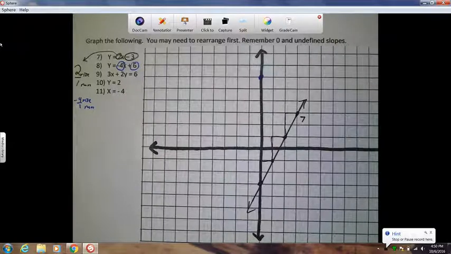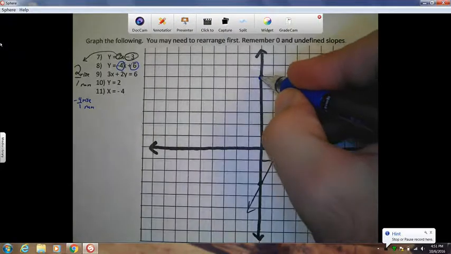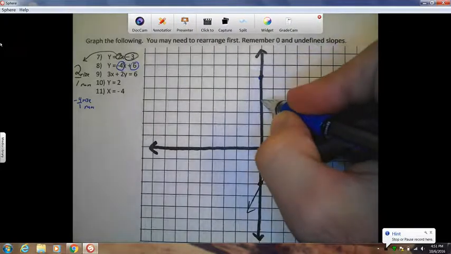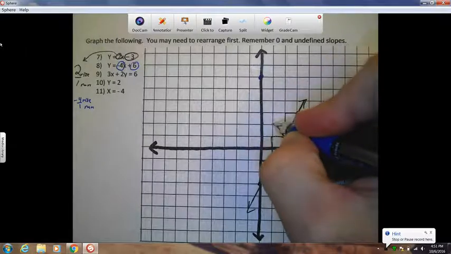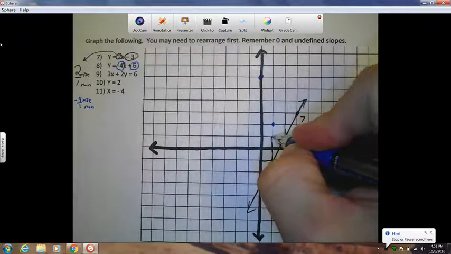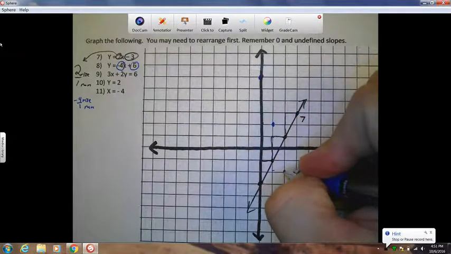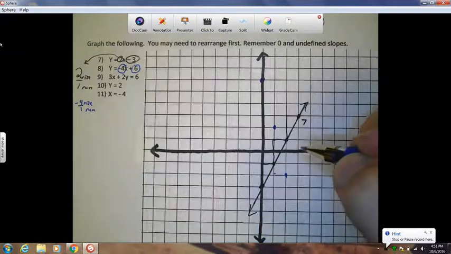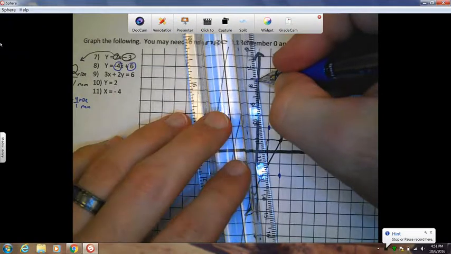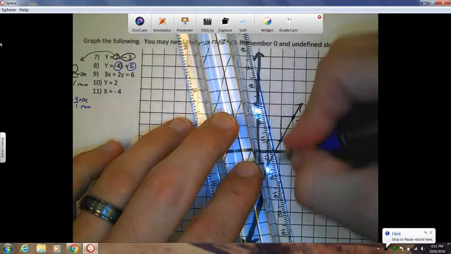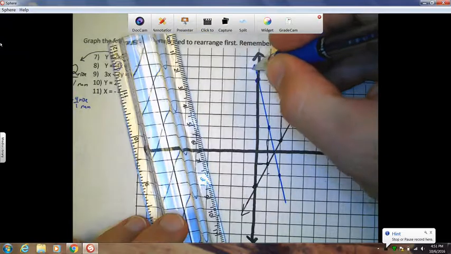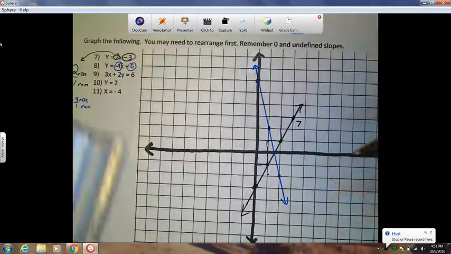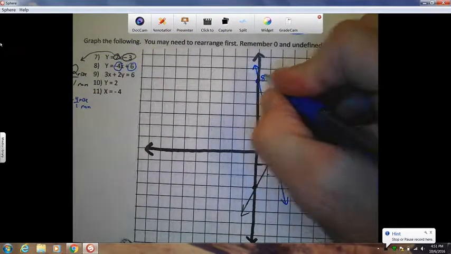Also remember, you have a negative slope, so it should be going down as you look from left to right. So go back to my y-intercept. 1, 2, 3, 4 over 1. So there's my line for number 8.